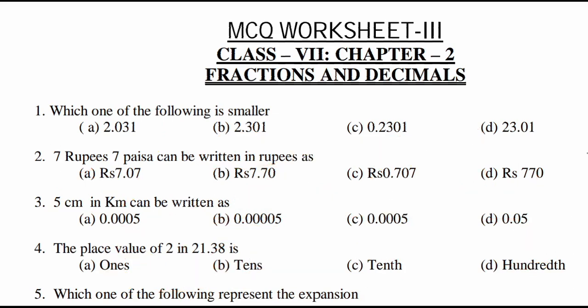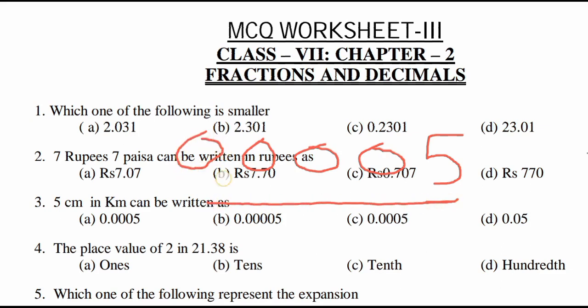First we write 5 here, then we write more zeros to make it a 5 digit number, and after 5 digits from the right hand side we put the decimal point here, and now the answer is 0.00005, and it is given in option B. So the correct answer is B.